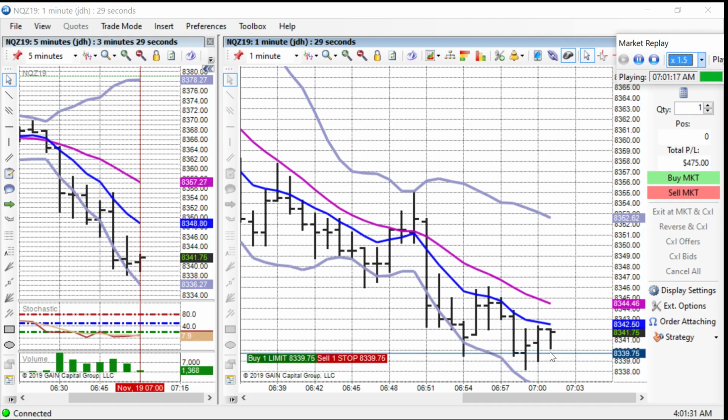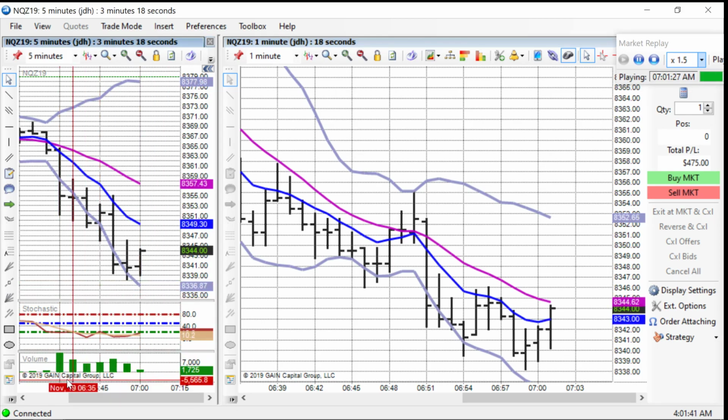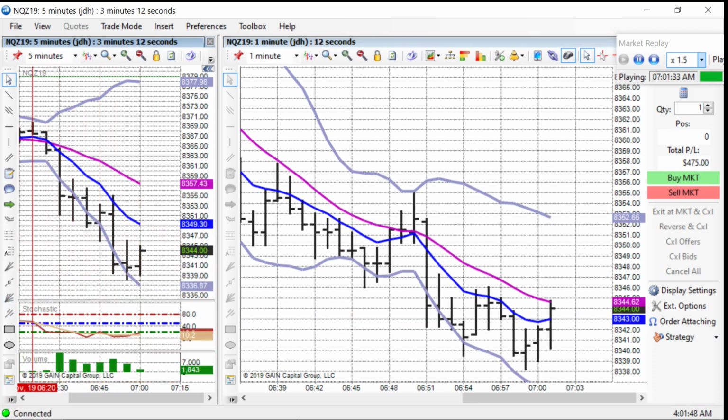Another thing I'm looking at is ascending lows here, and this is still moving upward on our 5-minute chart. That bar here is moving up. I like to see it start falling downward, and we look like we're bending upward, trying to cross over here.